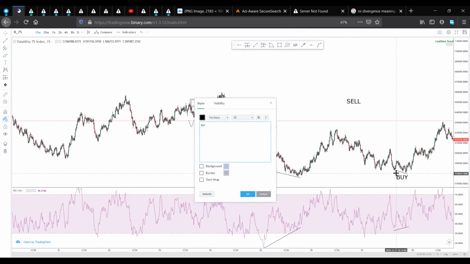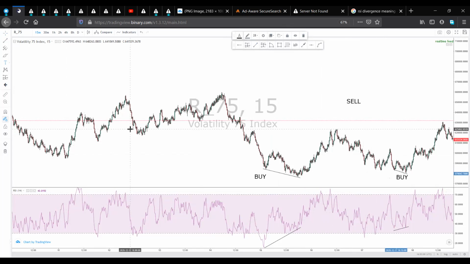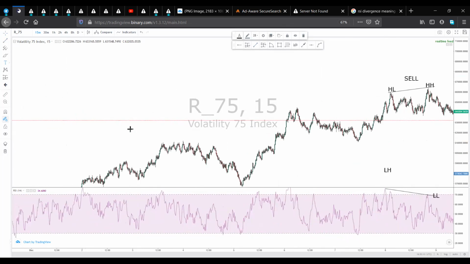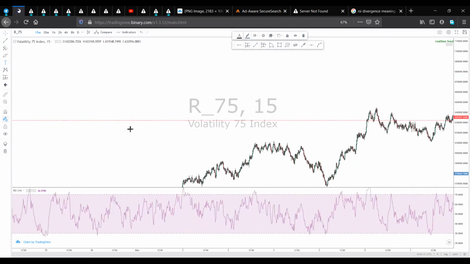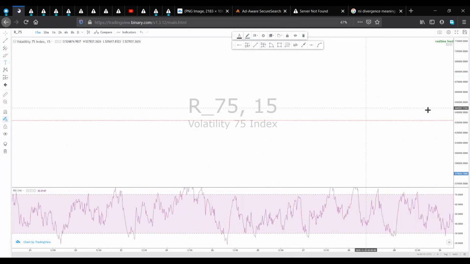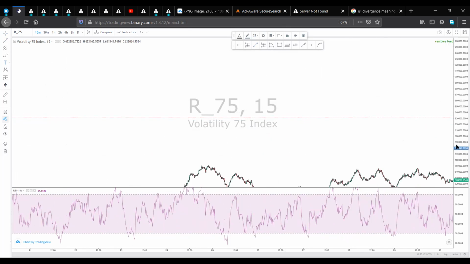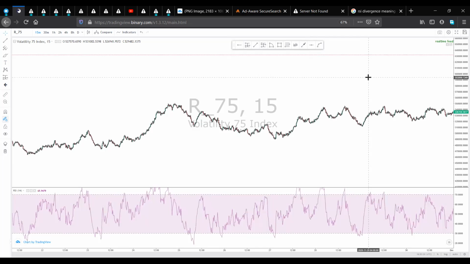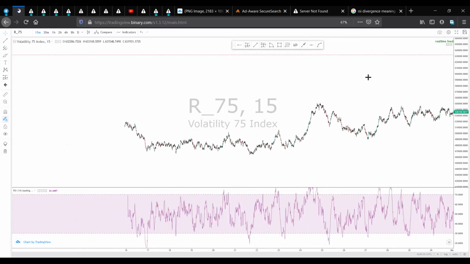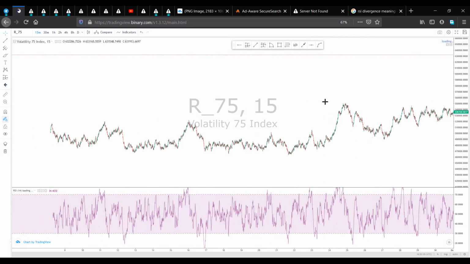Simple and clear. This is a buy. Okay, we're gonna move. You can see how the market shows you the clear picture of how it's supposed to move, and you can find them randomly on the small time frames, and you can find them also on the big time frames.